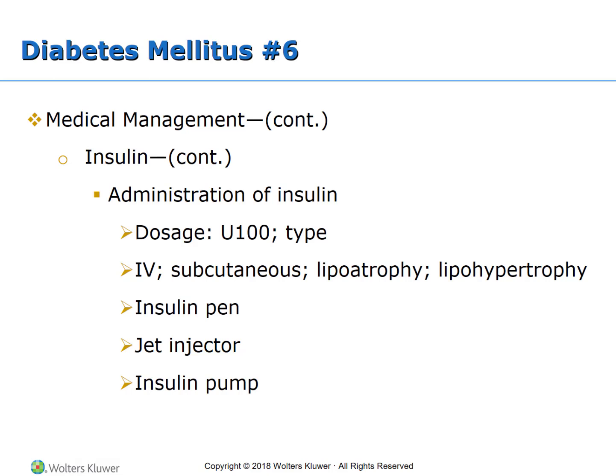Then we have the rapid acting. There are three common ones that belong to rapid acting, and they are Lispro, Aspart, and Glulisine. Lispro's trade name is Humalog, Aspart's trade name is Novolog, and Glulisine's trade name is Apidra. So these are the common ones, although they're not the only ones.